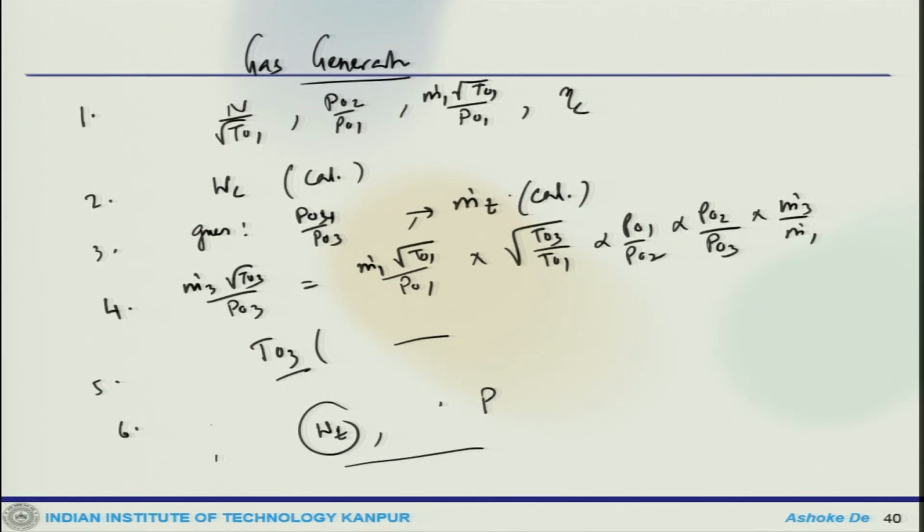You first assume certain parameters, then go to the compressor map, pick up some values, then go to the turbine and calculate everything. Then match the mass flow rate, because the mass flow rate has to be properly matched, and finally look at the inlet temperature, whether what has been assumed is correct or not. Once this converges you find out the power of the turbine.